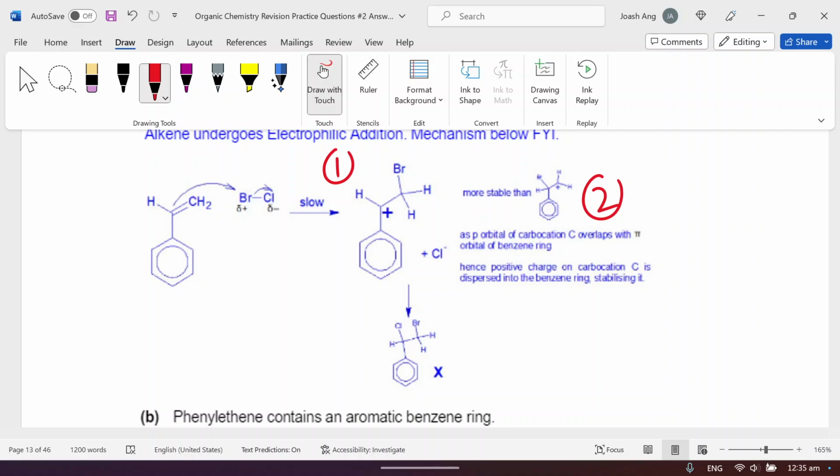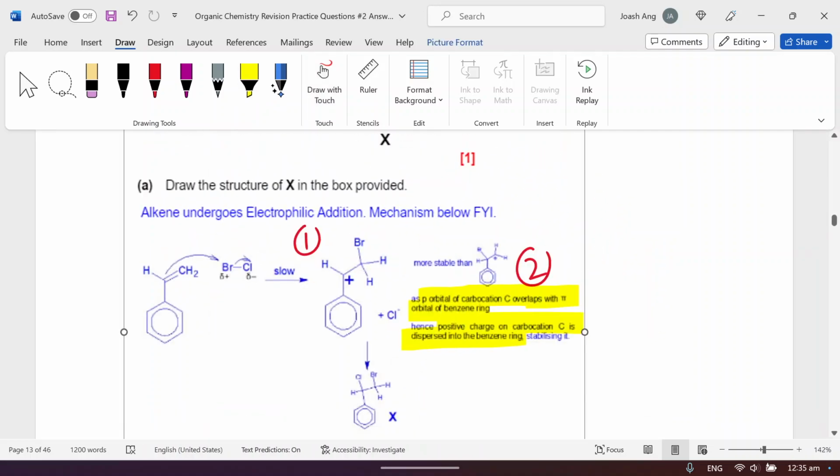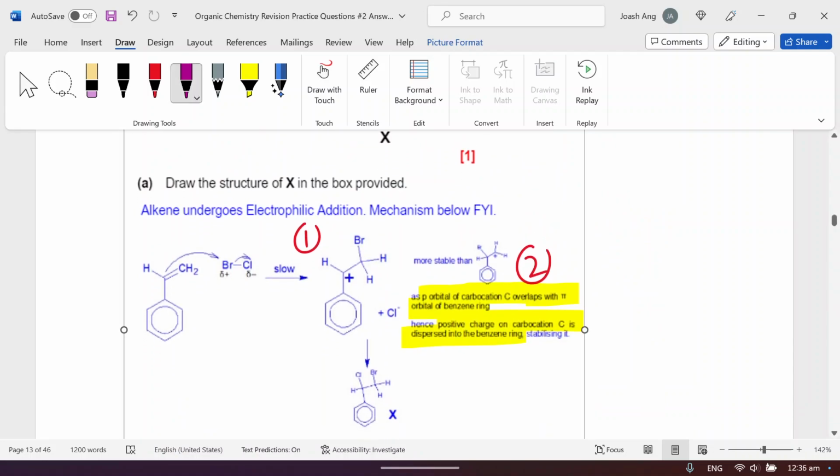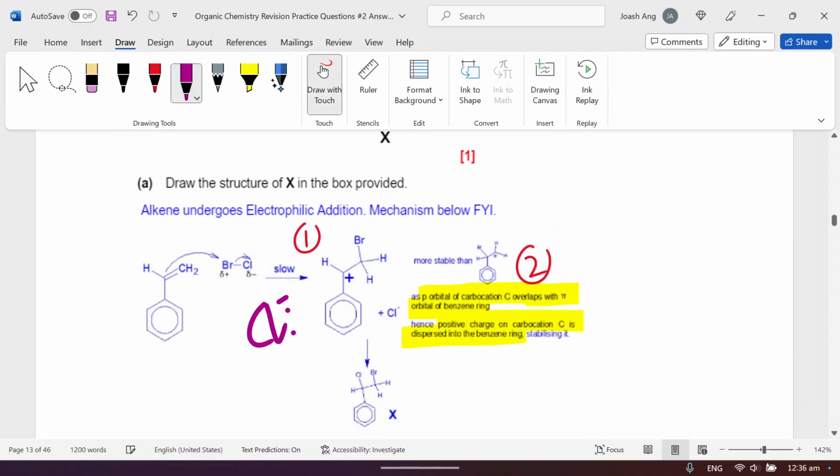Number one is generated more readily and is more stable than carbocation two, because the p orbital of the carbocation overlaps with the pi orbital of the benzene ring, and the positive charge is dispersed into the benzene ring, stabilizing it. And that is why when the chloride ion acts as a nucleophile to attack the positively charged carbon, we will end up forming X, which is this product.